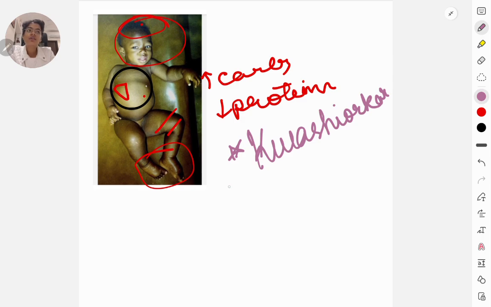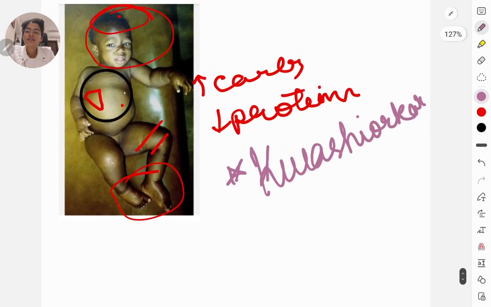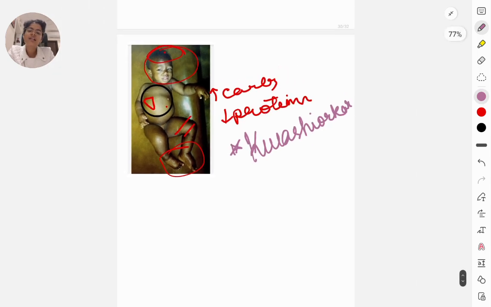His diet: he should have been given the milk of his mother, but it was replaced at an early stage. Might be his mother conceived the second child very early. That's why he wasn't fed properly on mother's milk and it was replaced by some carbohydrate supplement of other food. So this led to less protein and more carbs.